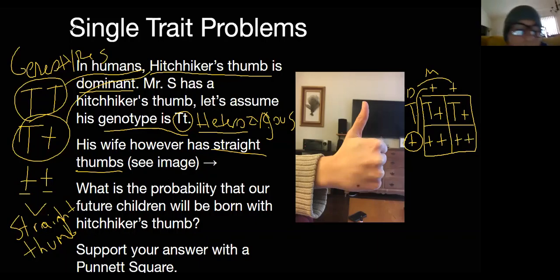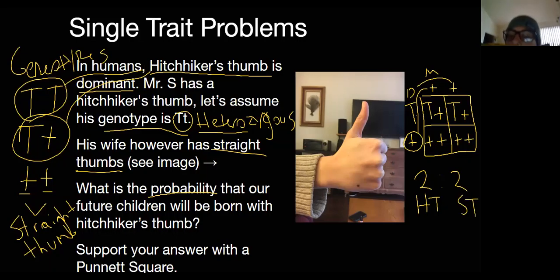So now, what's the probability? The question is, what's the probability that our future children will be born with hitchhiker's thumb? Well, let's look. We have our key over here. Which genotypes result in hitchhiker's thumb? It looks like only these two that are circled result in hitchhiker's thumb. So out of 4, 2 have hitchhiker's thumb, and the other 2 have straight thumbs.